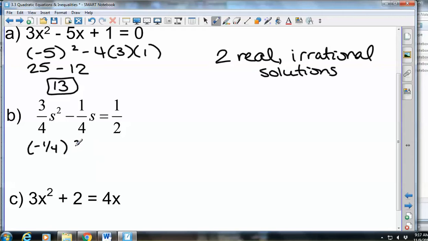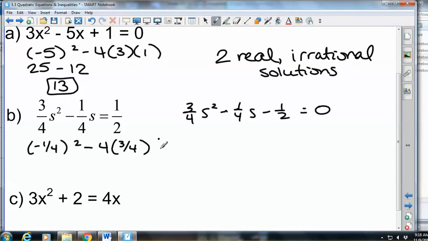I do b squared minus 4ac. Classify this?